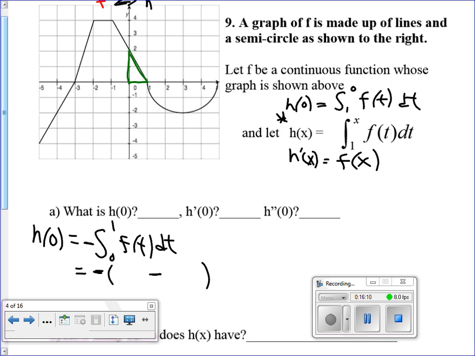I don't have to worry about that. Area above is the area of this triangle. And the area of a triangle is 1/2 the base, which would be 1, times the height, which would be 2. So that equals 1. So area above is 1, area below is 0. So the definite integral from 0 to 1 of this function is just 1, but remember, we've got to multiply it by -1. So h of 0 equals -1.